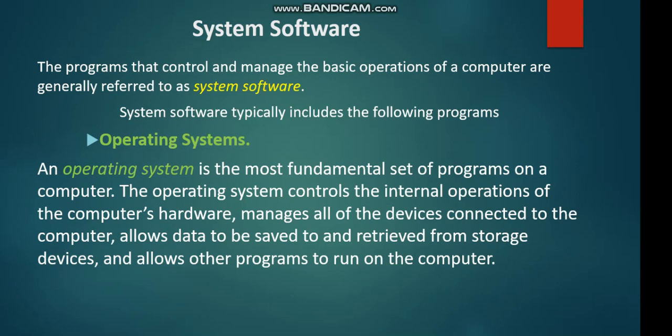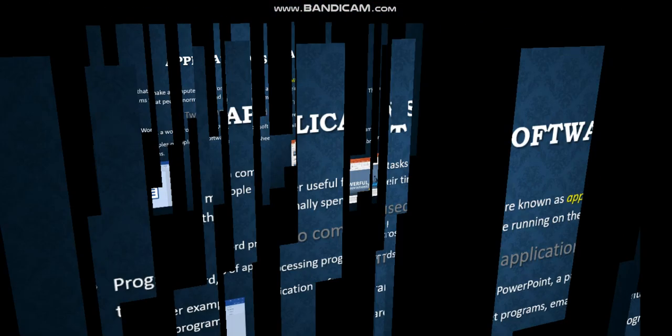Those are the ones that make your computer useful. Without the operating system, it can't work. The operating system is the most fundamental set of programs on a computer. It controls the internal operation of the computer hardware. Without the operating system, if you plug in your USB, it can't be detected.